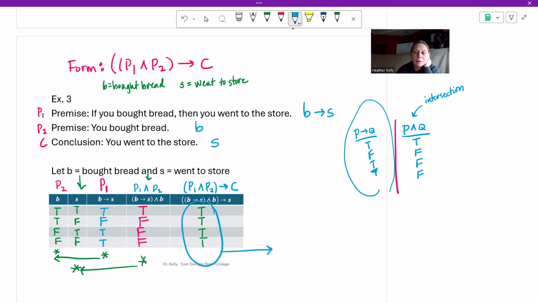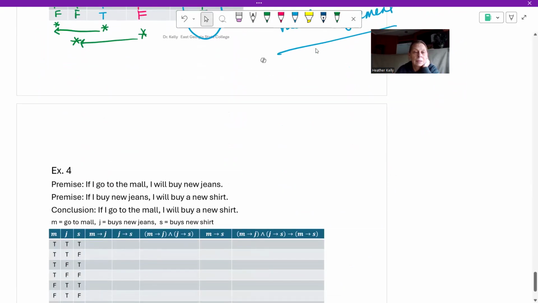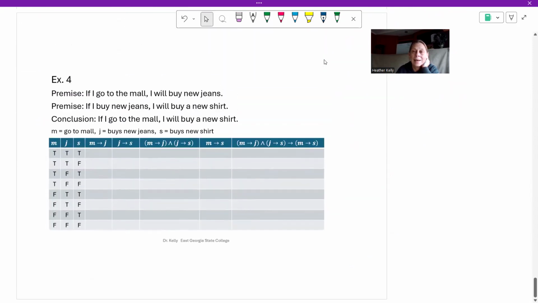We can say that this is a valid argument. You could just say it's valid. I don't really care, but valid argument. Okay. All right, let's take a look at the last one. Yay!